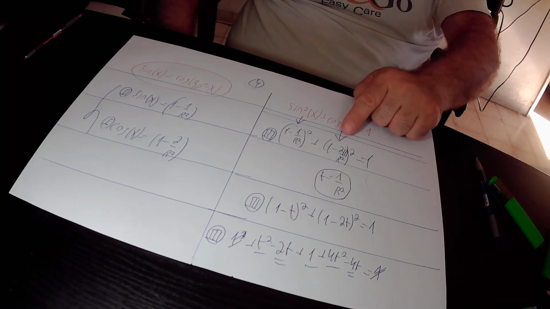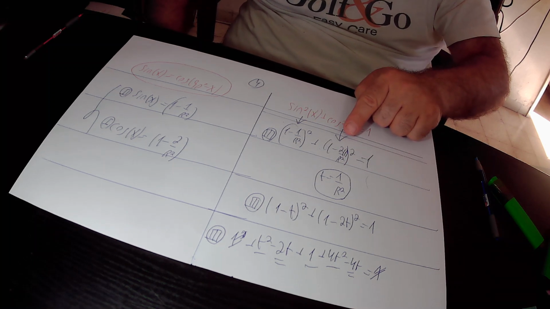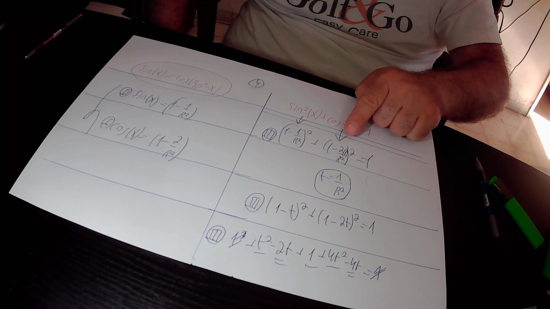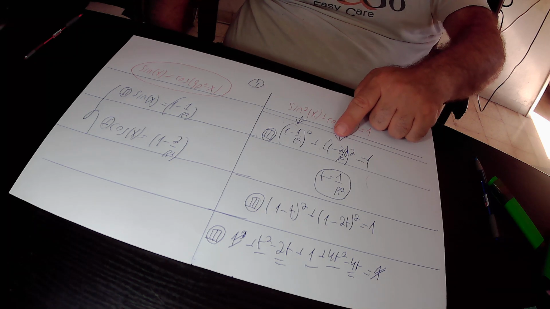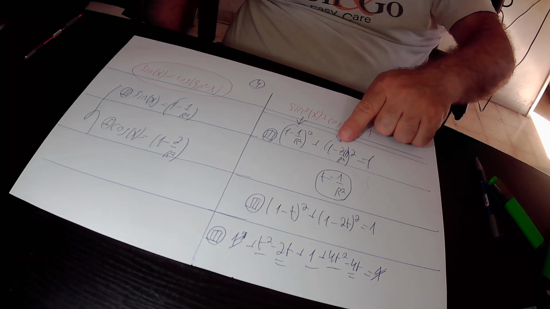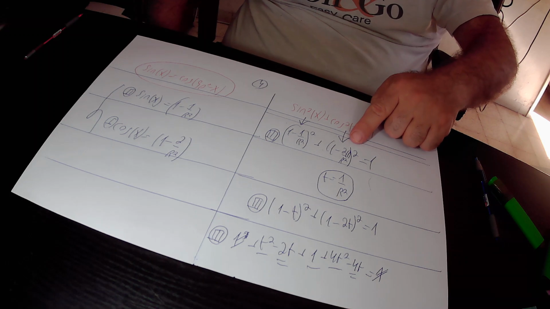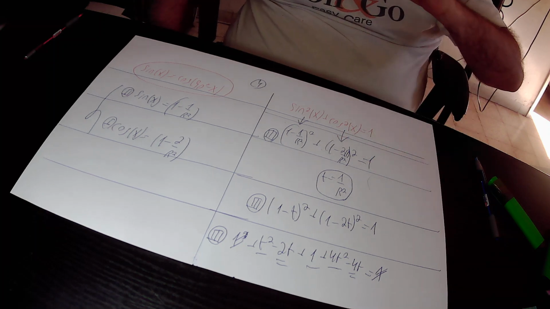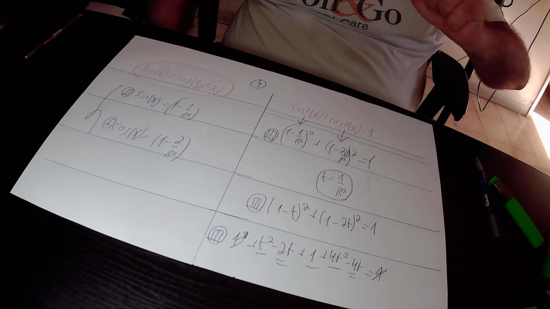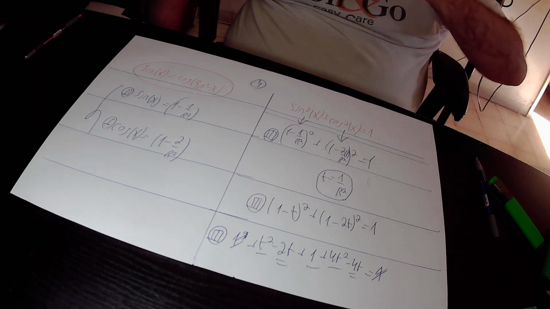And we have also plus (1 minus 2 over R squared). We multiply by 1, so in total this expression equals 1, and we have also minus 2 times 1 over R squared. 1 over R squared is t, so in total this expression will be equal to (1 minus 2t) squared. You can see (1 minus 2t) squared, and it equals 1.